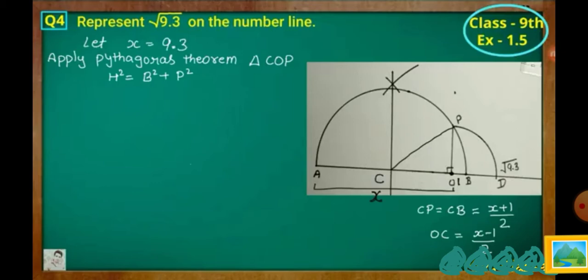Now you can apply the Pythagoras theorem. Hypotenuse square is equal to sum of the squares of the other two sides, that is B square plus P square. B means base, P means the perpendicular line. That we will take hypotenuse side is here CP square is equal to base is OP square plus perpendicular line is OC square.